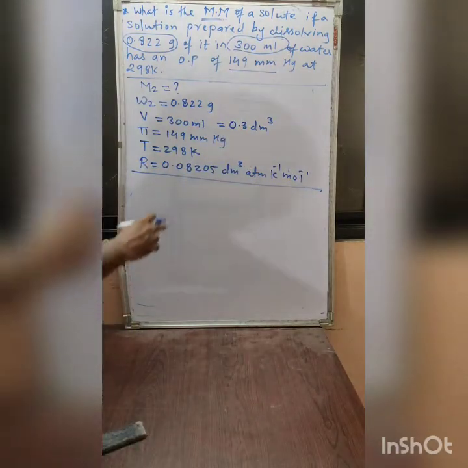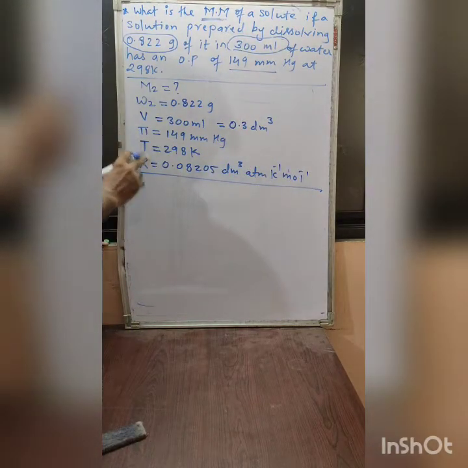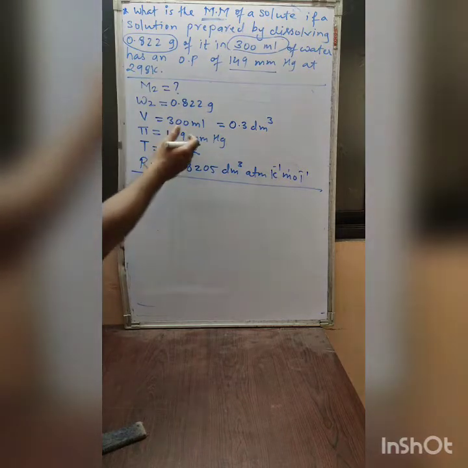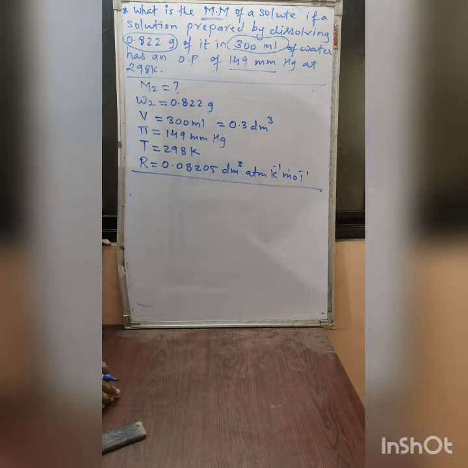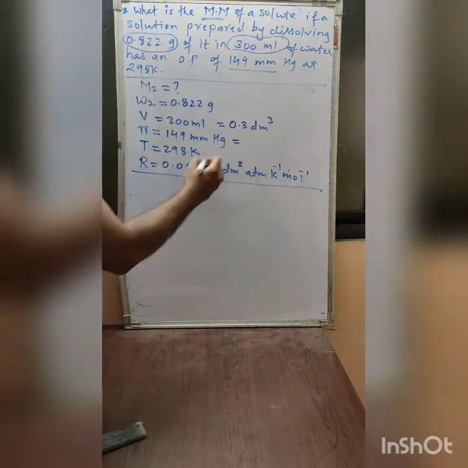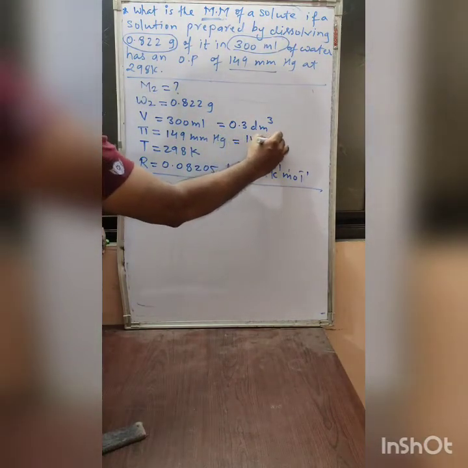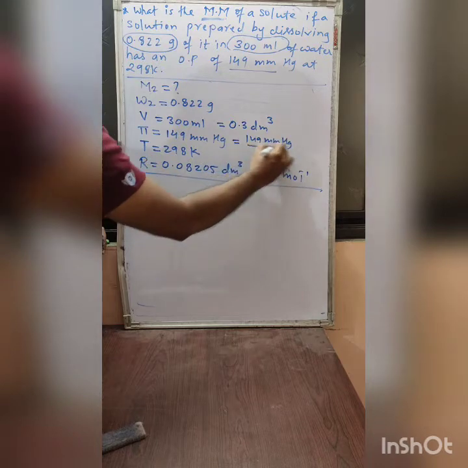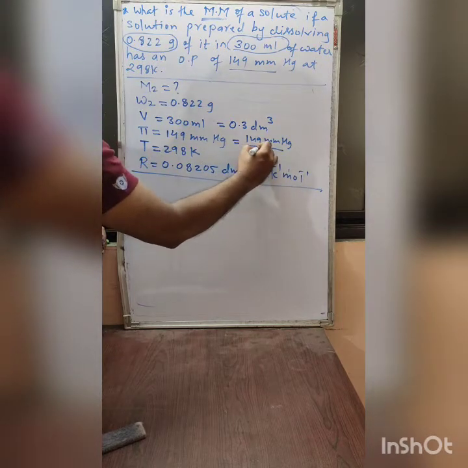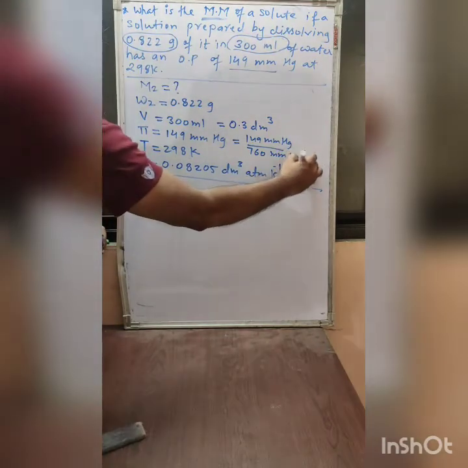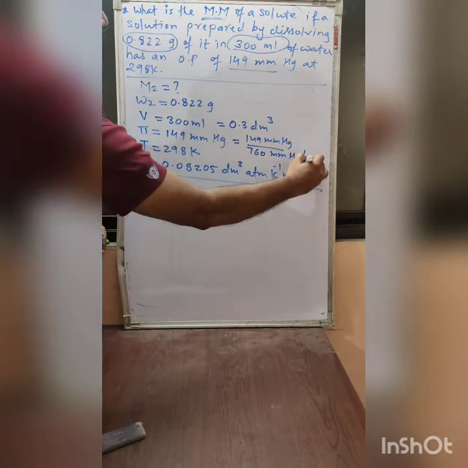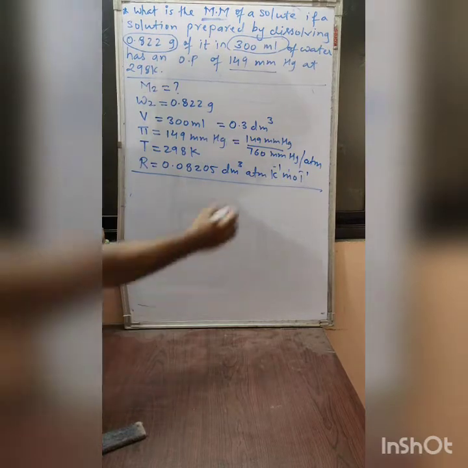Osmotic pressure is given in mmHg, and the R value is given in atmosphere. So we will divide 149 mmHg by 760 mmHg per atmosphere.